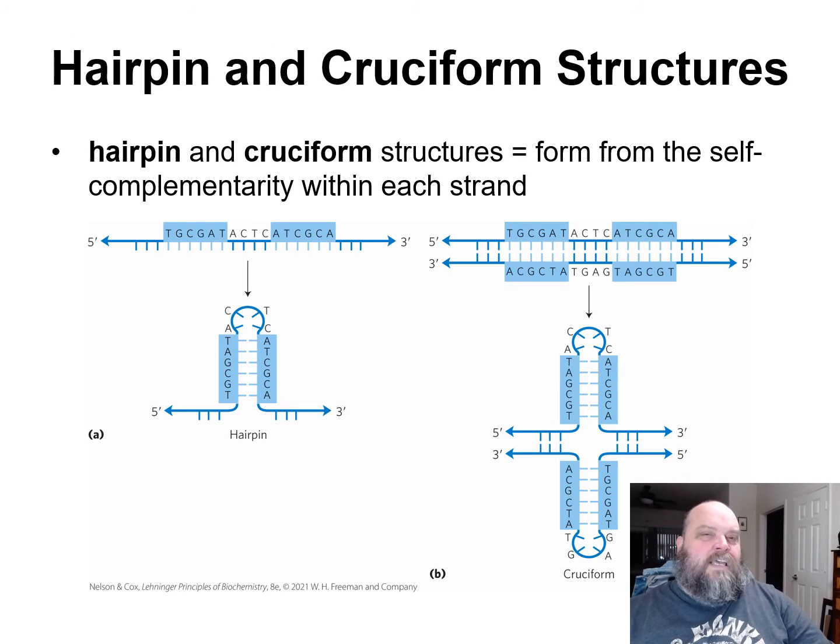Well, to keep things like that from happening, double-stranded nucleic acid is just inherently more stable. So here they're showing a single DNA strand. If you replaced all the T's with U's, this would be RNA. RNA will do the same thing.